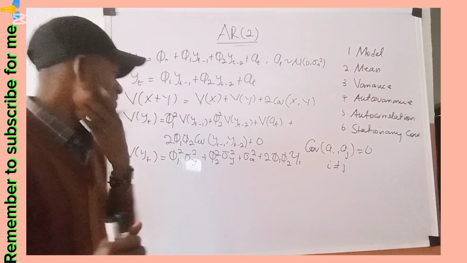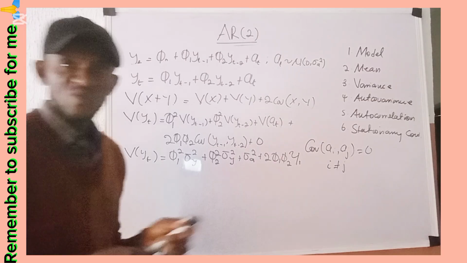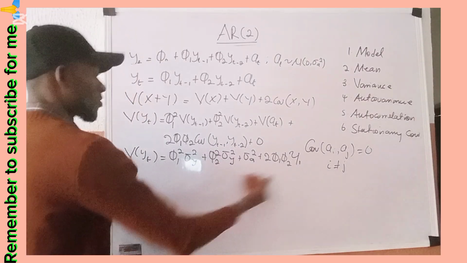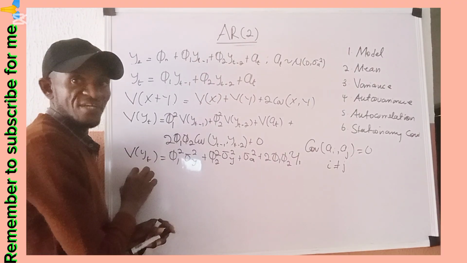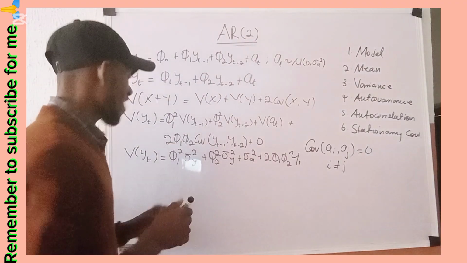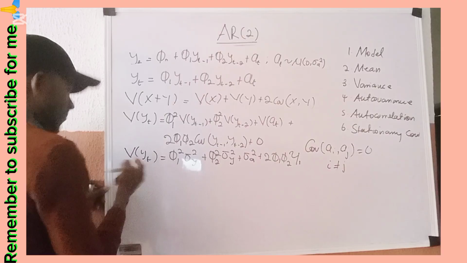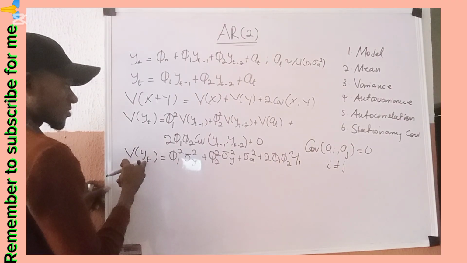The next thing we are going to tell ourselves is this. We can decide now to bring everything that contains sigma squared of y to the left. In that case, you are going to have this. Of course, this one equally is sigma squared of y.